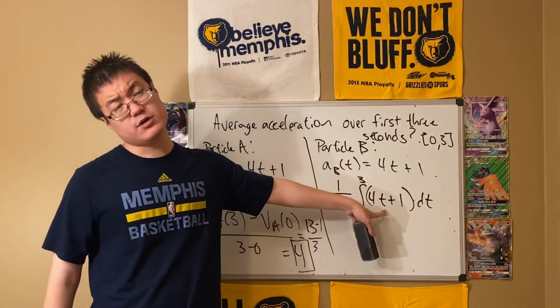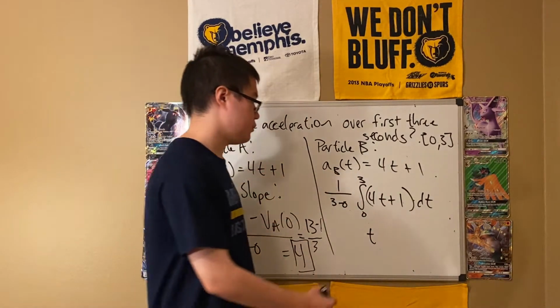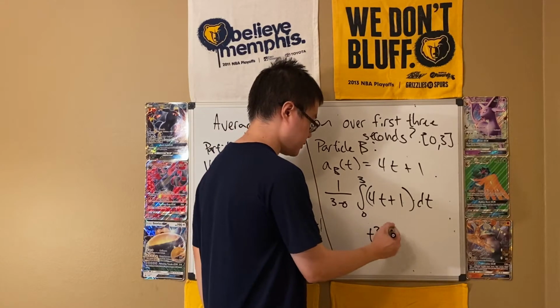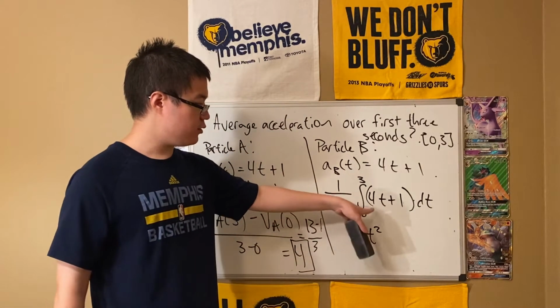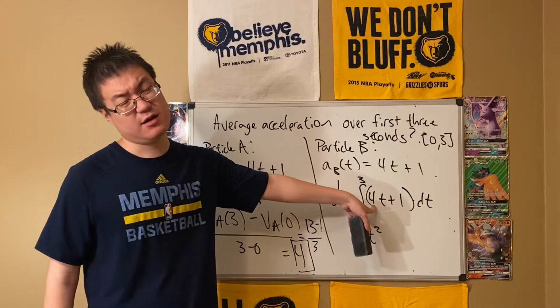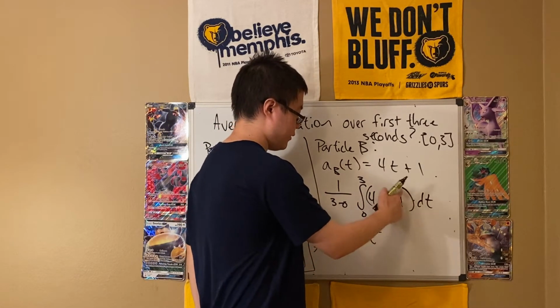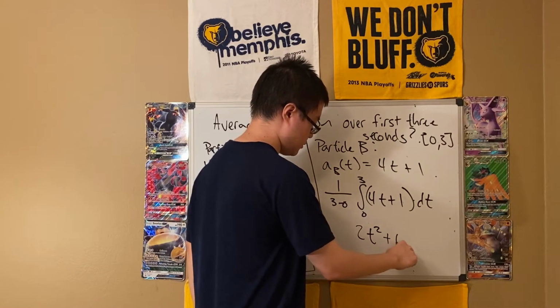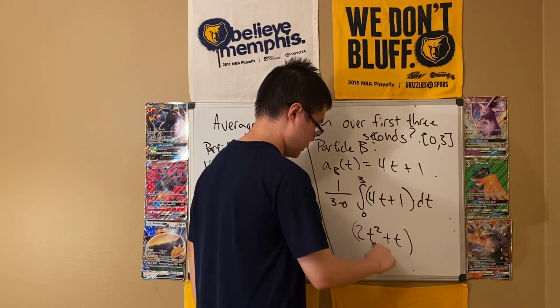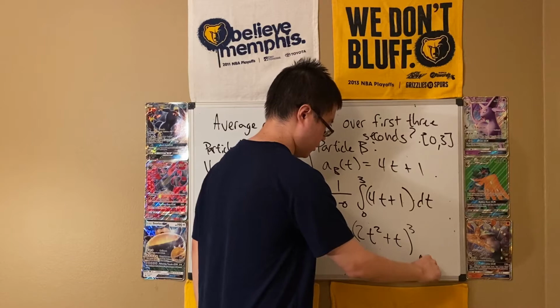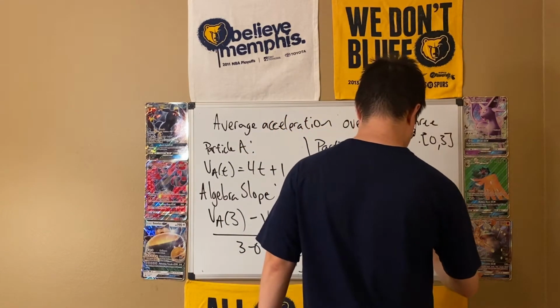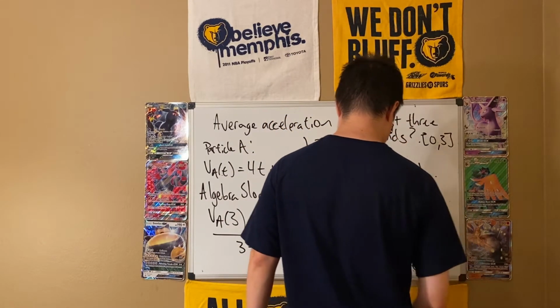So we have 4t here. The original exponent is 1, so we add 1 to that old exponent to form a new exponent. That's going to be 2. We're going to divide by this new exponent of this constant. 4 divided by 2 is going to be 2. Then we're going to take the antiderivative of plus 1. That's going to be plus t. We're going to plug in 3 and 0 slowly. Sorry, I'm getting messy.